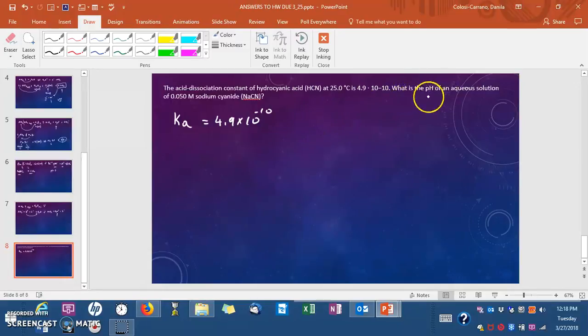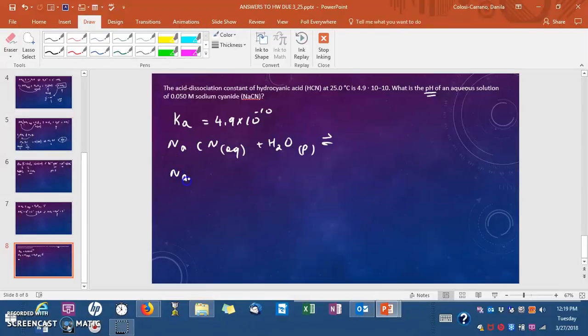Okay, so they want to know the pH for an aqueous solution of sodium cyanide, and you have the concentration of that sodium cyanide. So when you write it, this is the sodium cyanide, this is aqueous, you put it in water, which is liquid, and what are you getting? Well, you can watch this in a bunch of different ways.